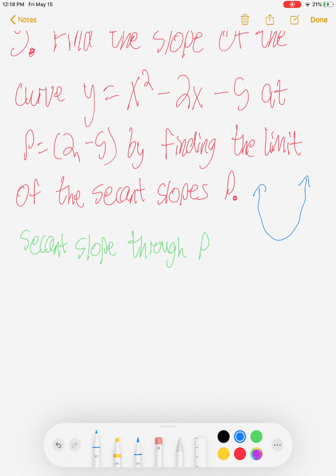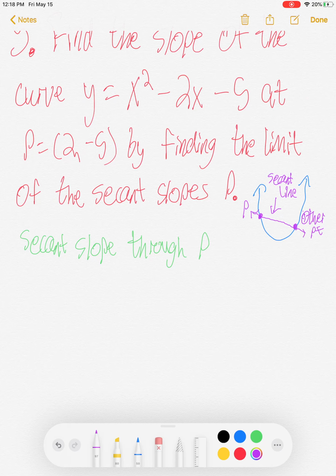The secant slope is going to be like, if this is P, and this is some other point, I'm going to call it the other point. The secant slope is just the slope of the line through these two. This is a secant line. So the secant slope is just the slope of that line.